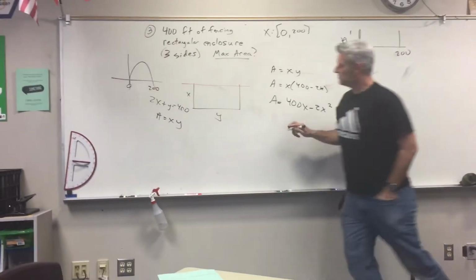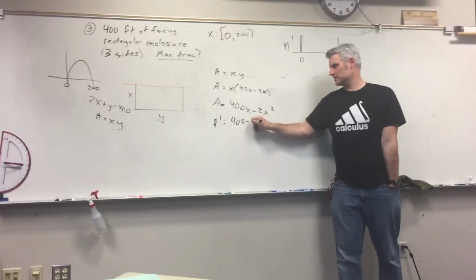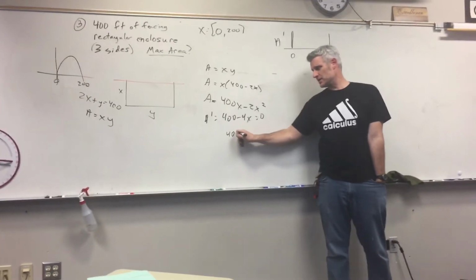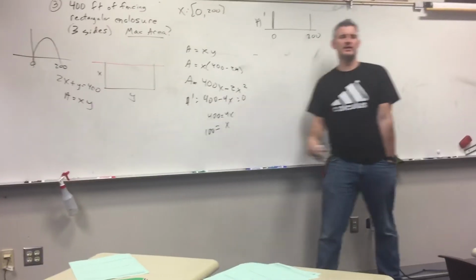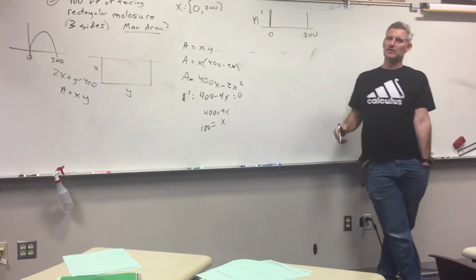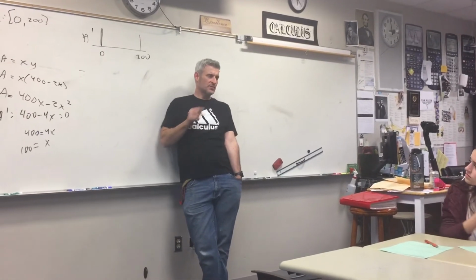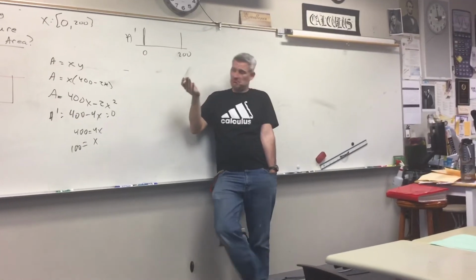So I'm going to take my derivative. A prime is 400 minus 4x. Set that equal to 0. It looks to me like x is going to be 100. Now, you were asking me just a minute ago, what do I have to do to prove it's a max? You could do the first derivative test with a sign chart, or you could jump right to the second derivative test.